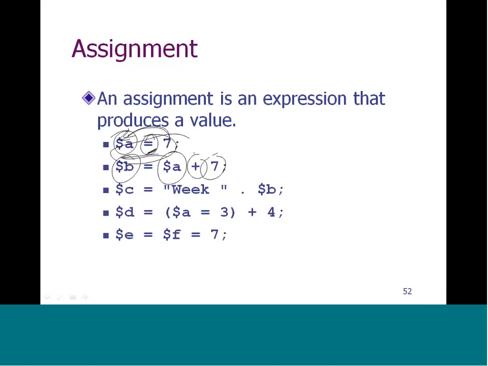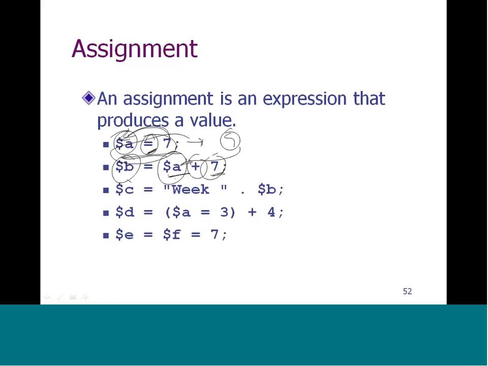This is also sometimes called initialization, where we first assign a value and then do some operations on it. Here we assign $A plus 7 to $B. So if $A changes to 9 at some point, that will be reflected here.